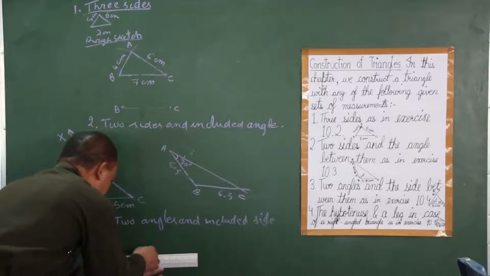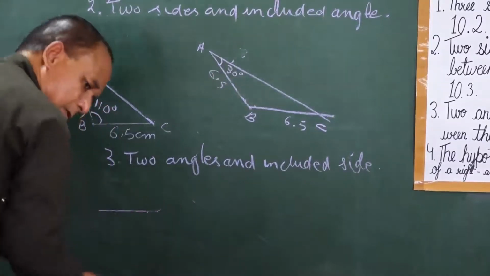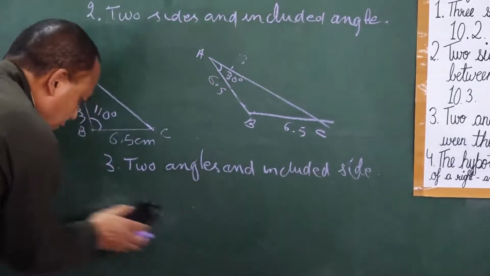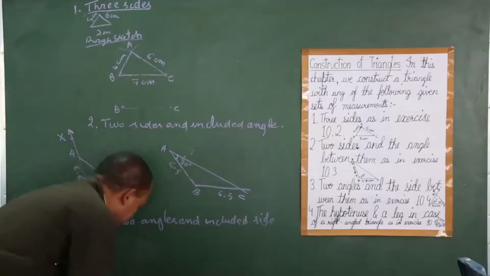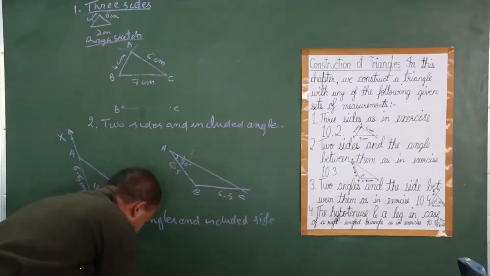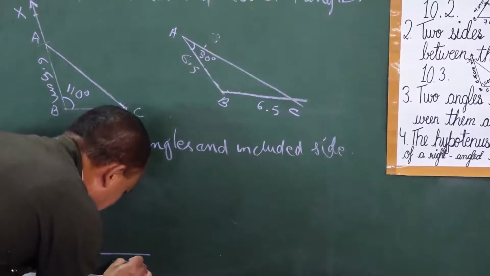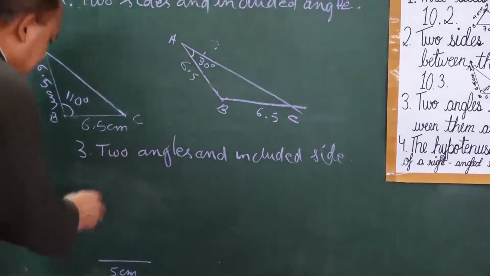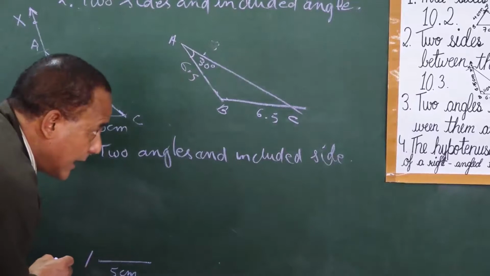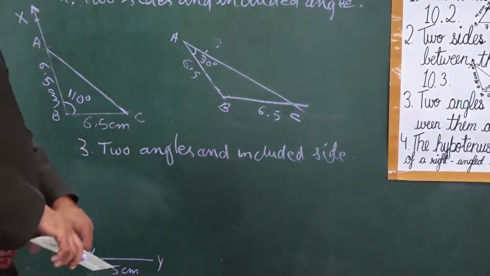We first draw this line, 5 centimeter, and we may mention it as X, here it is like XY.